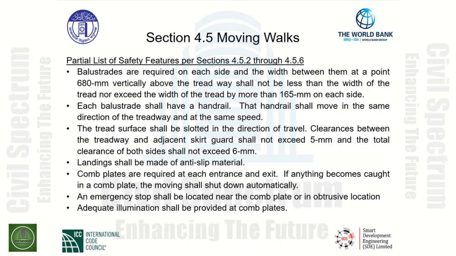The partial list includes balustrades that are required on each side, and the width between them at a point 680 millimeters vertically above the treadway shall not be less than the width of the treadway nor exceed the width of the treadway by more than 165 millimeters on each side. Each balustrade shall have a handrail. The handrail shall move in the same direction as the treadway and at the same speed.